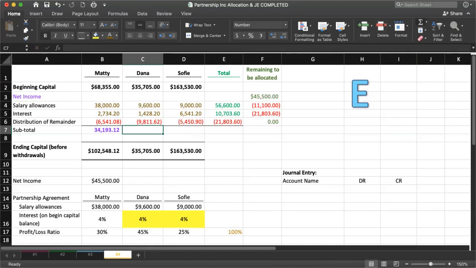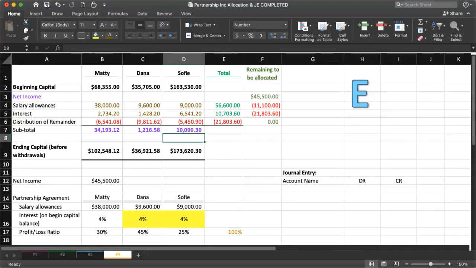Then we do it for Dana. Her capital balance will only increase by $1,216.58. And then for Sophie, capital balance goes up by $10,090.30.